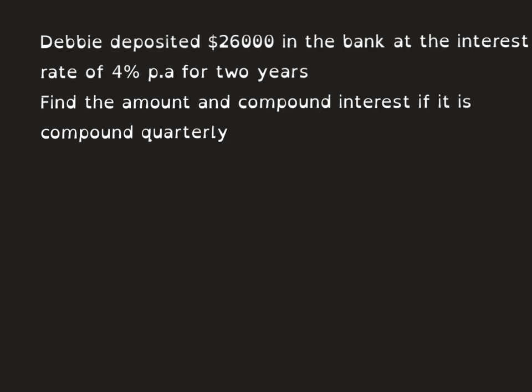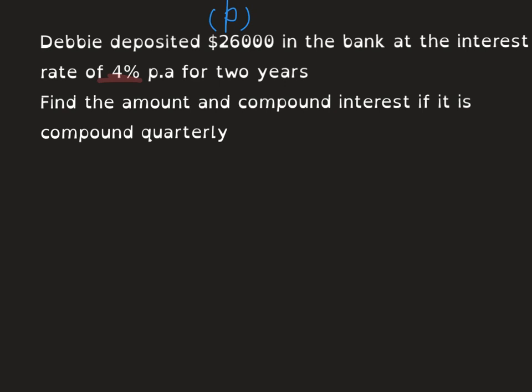Debbie deposits this amount of money, which is the principal, in the bank at the interest rate. You know the interest rate is 4%, and you need to find the amount and the compound interest.